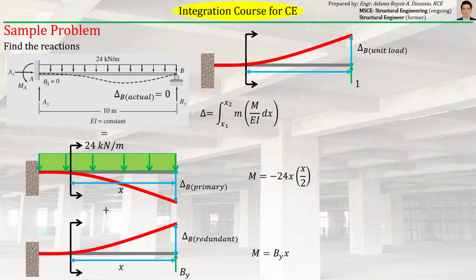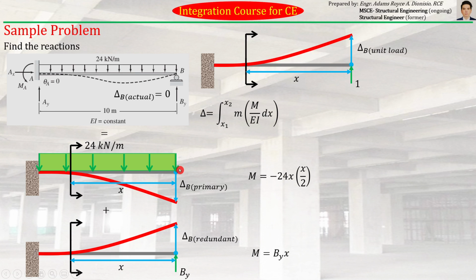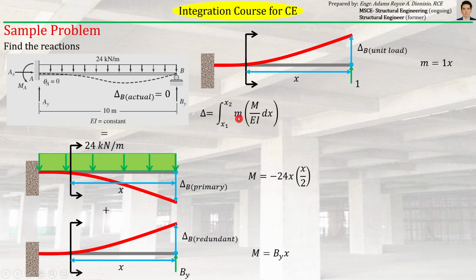We can put a cutting plane at a distance x from the right end pa rin. So, dapat pare-parehas yung reference nila. Kung nasa right end yung reference mo, right end pa rin dapat yung reference mo. Okay. So, yung moment equation yan, multiply lang natin yung 1 sa moment arm na x. Yung moment equation na yan, that is our small m here sa formula natin. Okay. So, positive yung sign niya kasi upward din.